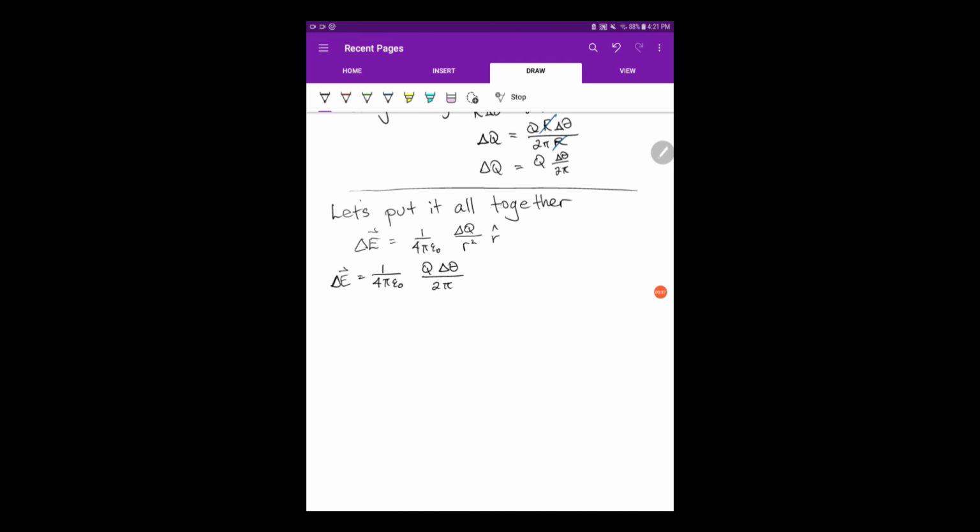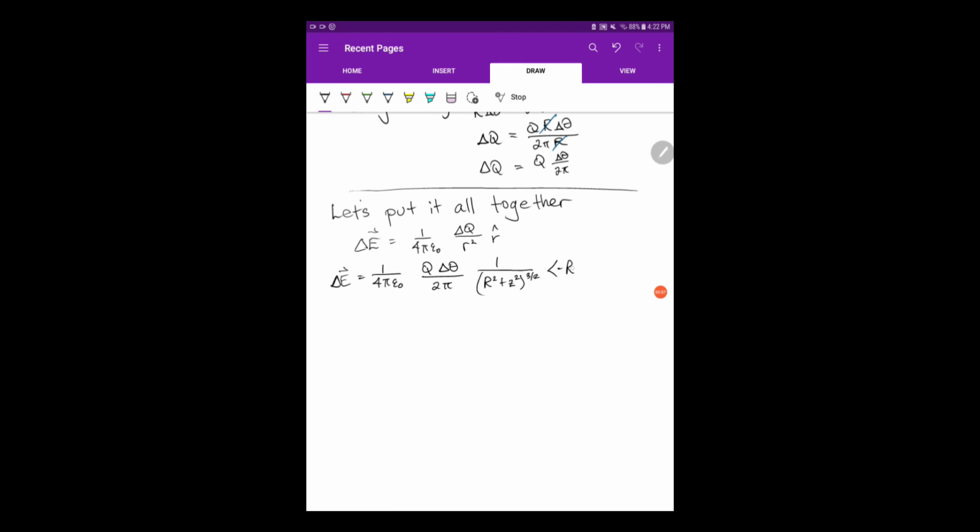So plugging in for delta Q, and then I found earlier that 1 over r squared times r hat gives us an r squared plus z squared to the 3 halves.